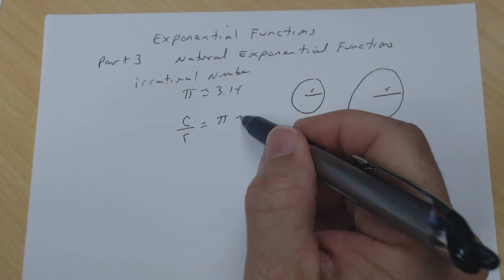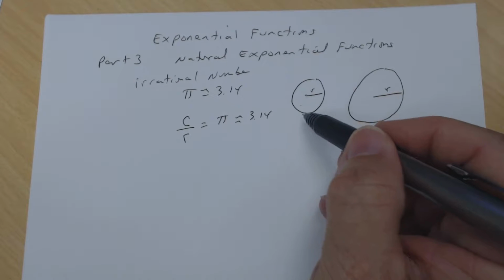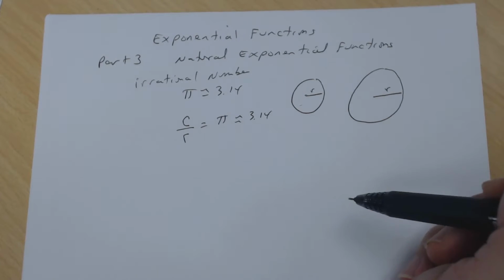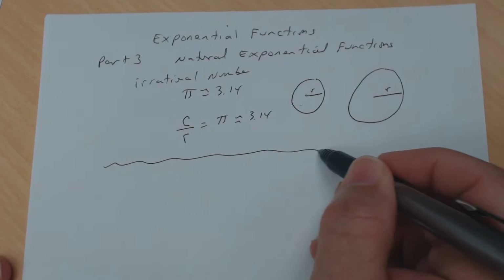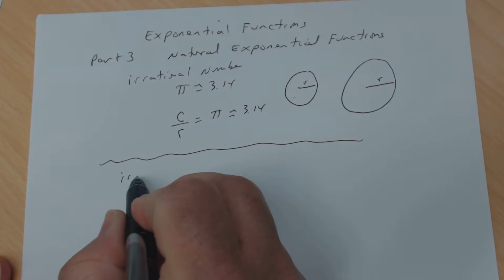So it's approximately equal to 3.14. If you take a circle, look at the distance around it divided by its radius, it's always going to be about 3.14.